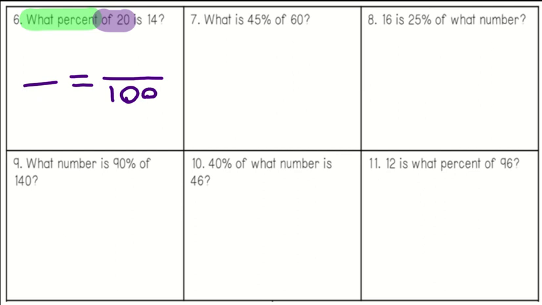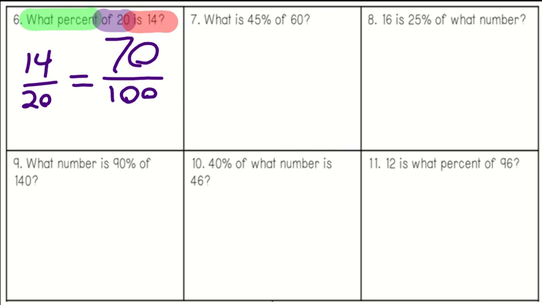So that means the 20 is my of, is 14. So is over of, percent over 100. In this case, the percent is what it's asking for. The percent's the blank. 100 times 14 divided by 20 gives me 70%. Okay? Everybody see how I set that up?